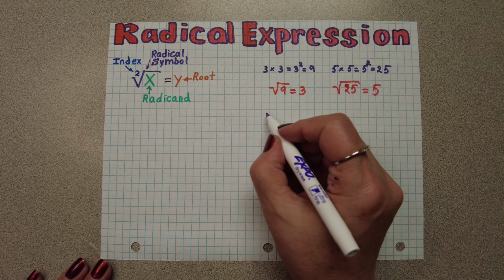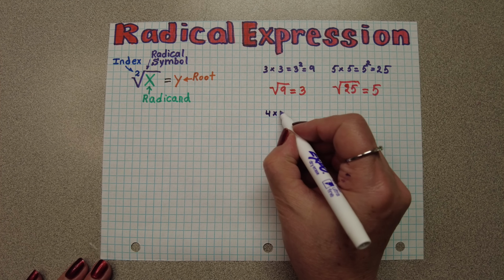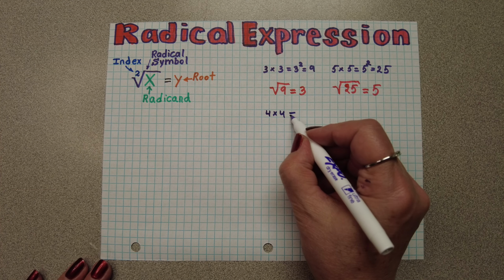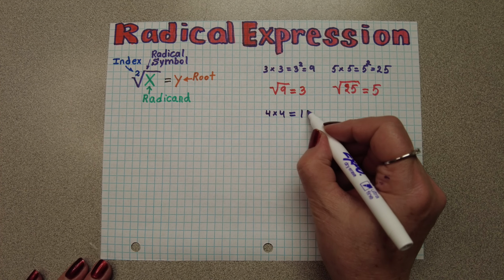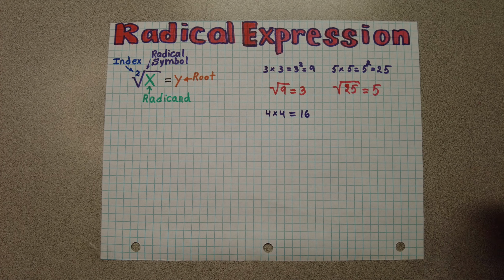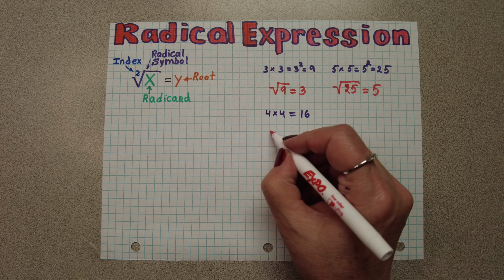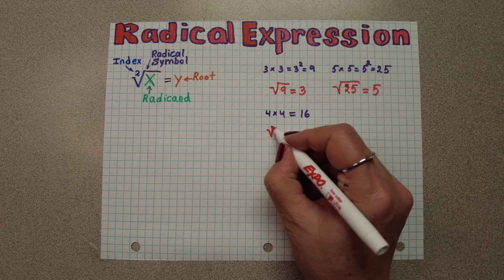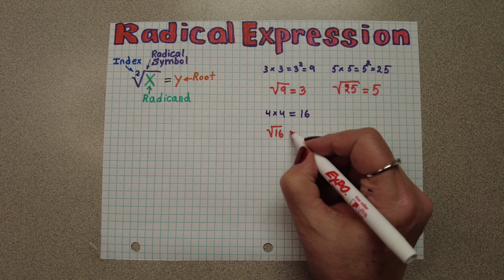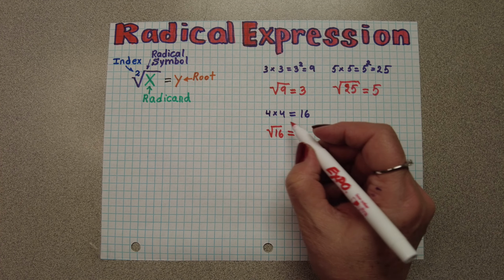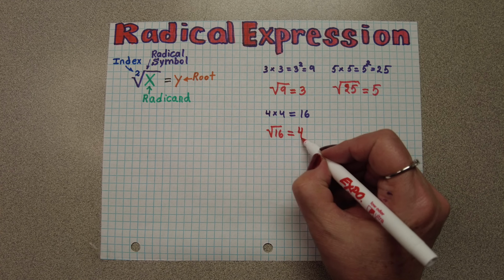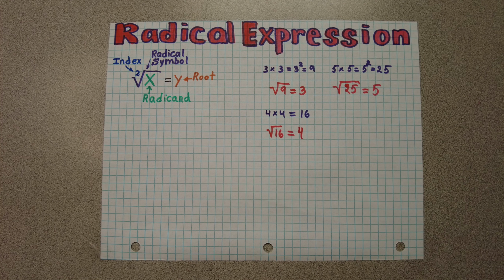Let's do 4 times 4, which is equal to 16. Now let's write down square root of 16 equals 4. One more.